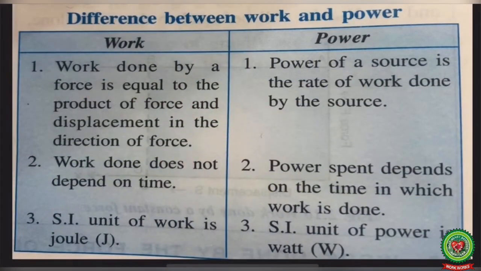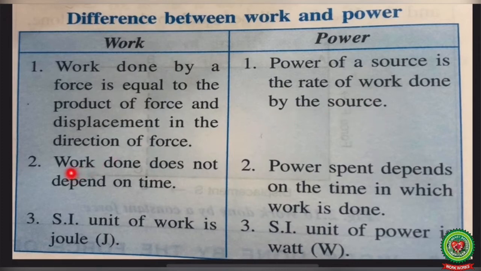Now we will be discussing the difference between work and power. The first point of difference between work and power is work done by a force is equal to the product of force and displacement in the direction of force. Power of a source is the rate of work done by the source. That is, power is equal to work done upon time.